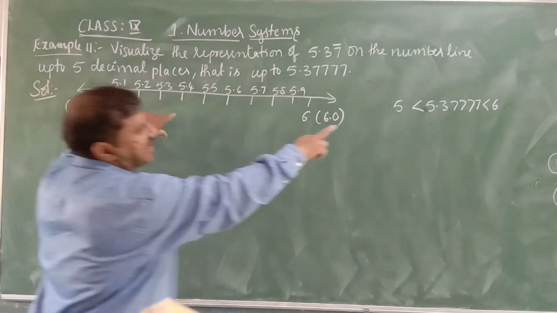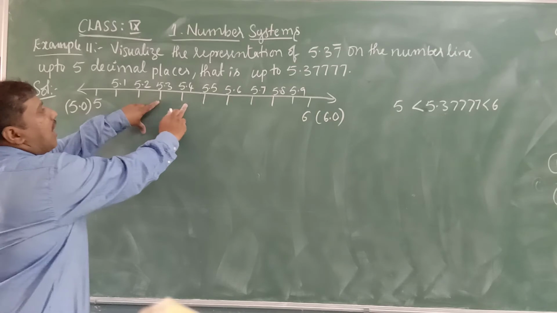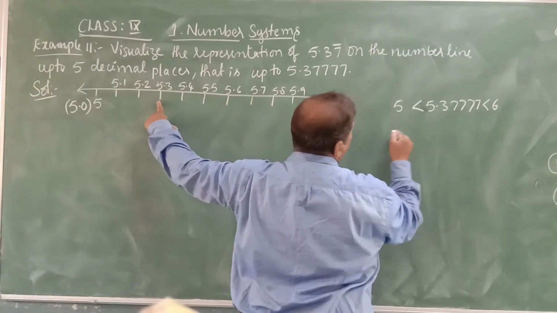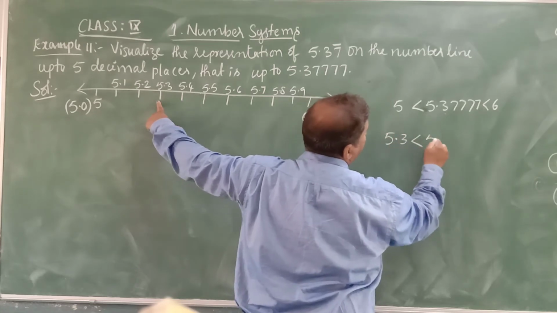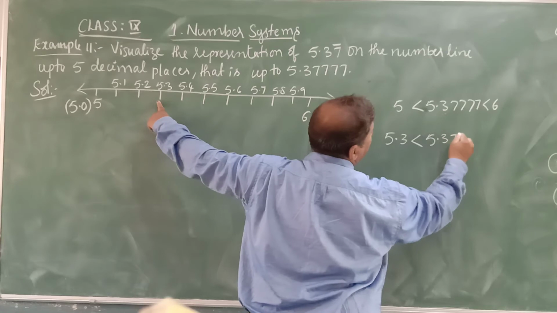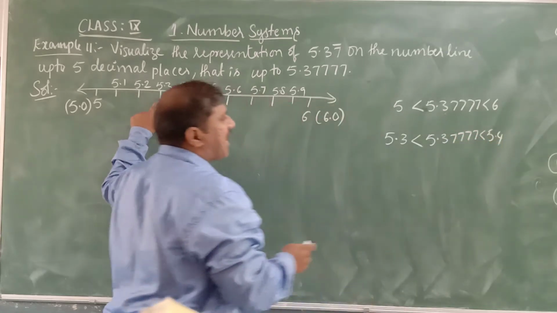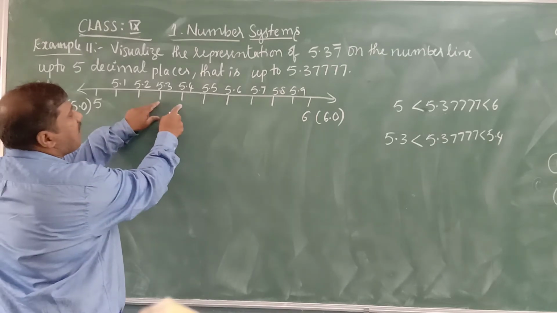The first digit after the decimal point is 3, so here we have 5.3 and next it is 5.4. It means this number will be more than 5.3 and less than 5.4. So the number lies between 5.3 and 5.4.